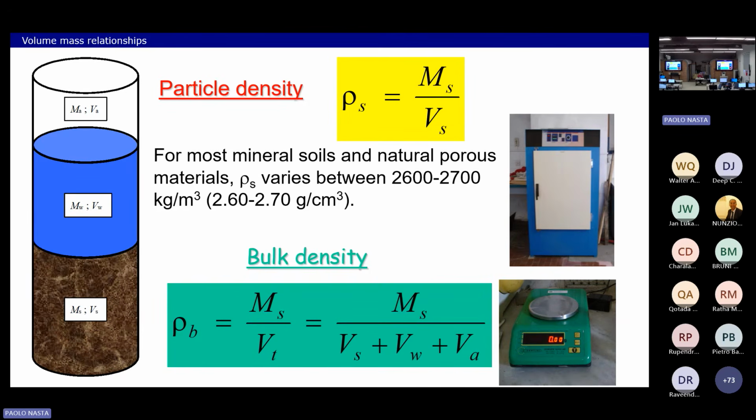Then you weigh the dry mass on the scale and calculate the bulk density, which is one of the first fundamental soil properties that characterize our system.